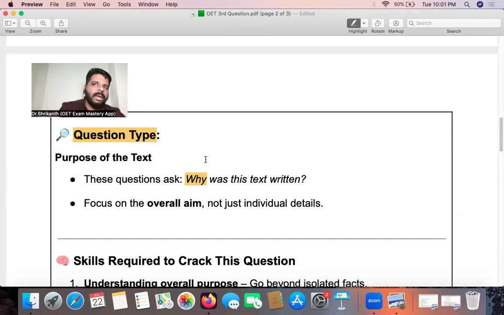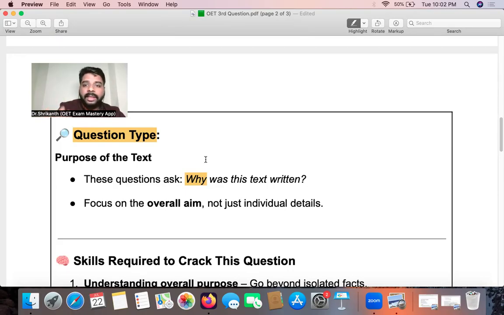Purpose type questions mean you are not looking for factual information or a direct answer. You have to reflect. You have to read the entire thing and ask yourself, why was this written? What was the intended meaning? What is the reason? That is not mentioned in the text, but you come to your own conclusion.